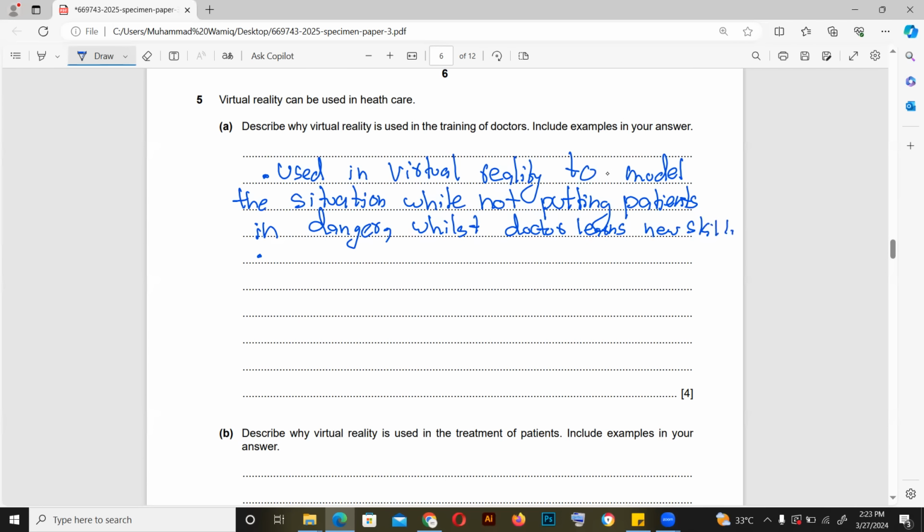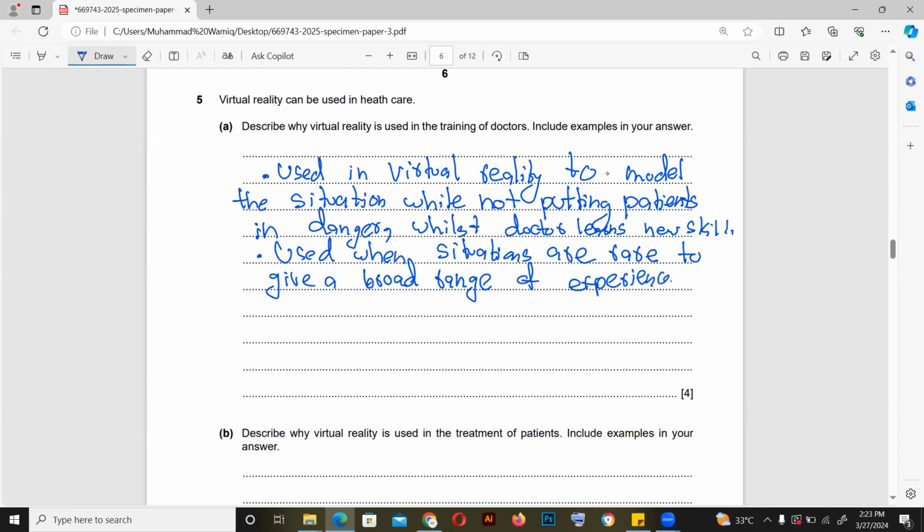What can be the other points? Used when situations are rare. Rare situations can also be tested here to give a broad range of experience. What can be the third mark for that?